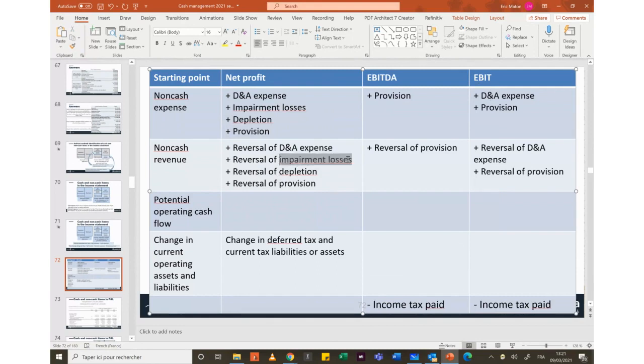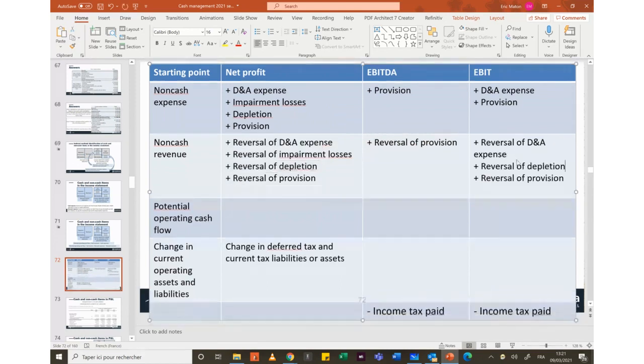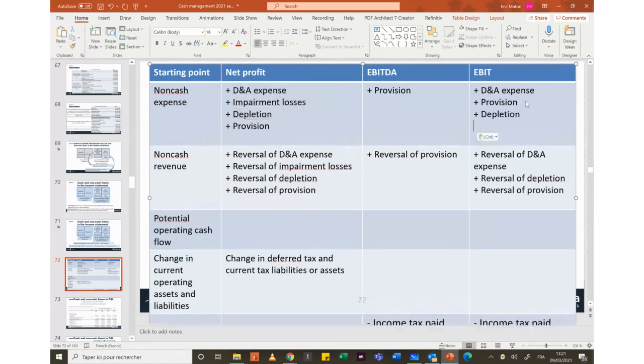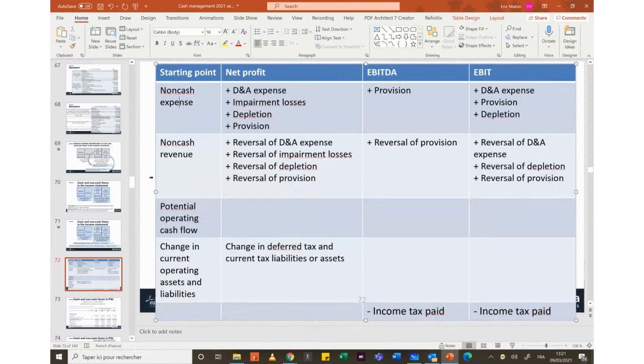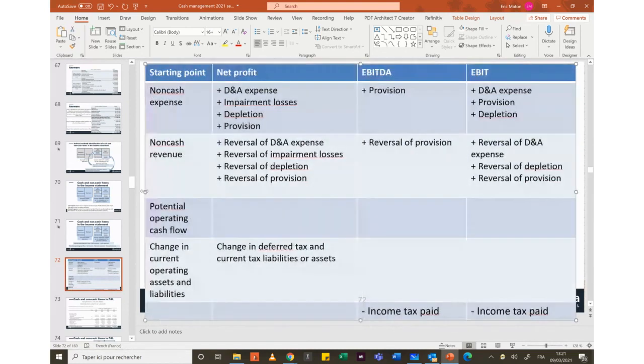They are in the non-current expense and income. And you have already the depletion. So we have also the depletion. Don't forget here, for the non-cash expense and revenue, what you want is to add back. If you add back, it's because it's already included. If it's not already included, you don't need to eliminate this non-cash expense, non-cash revenue. So it depends on your starting point.